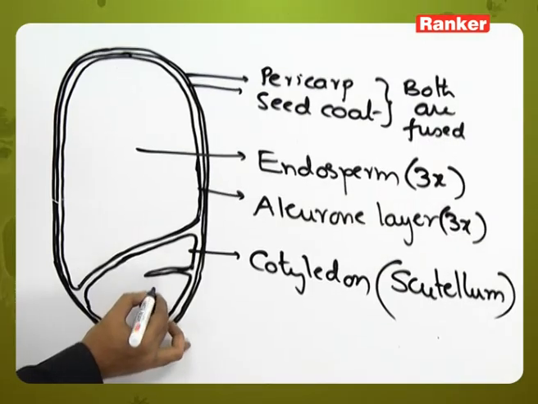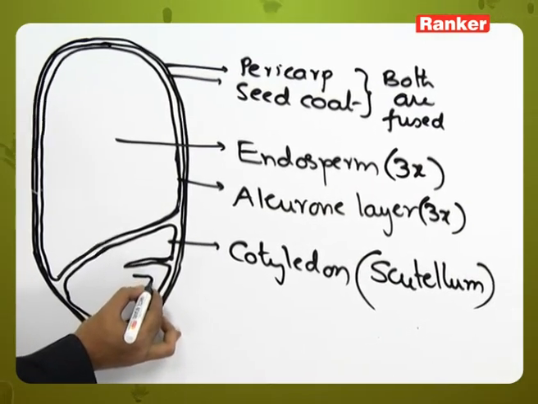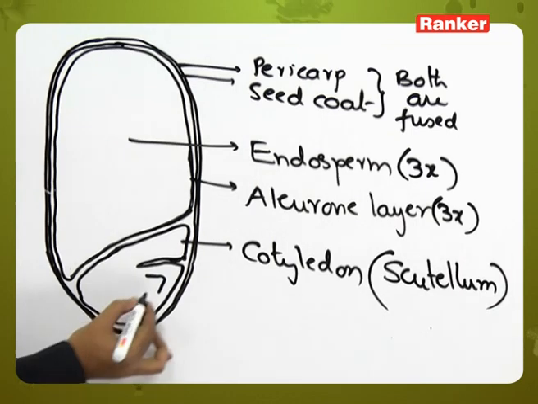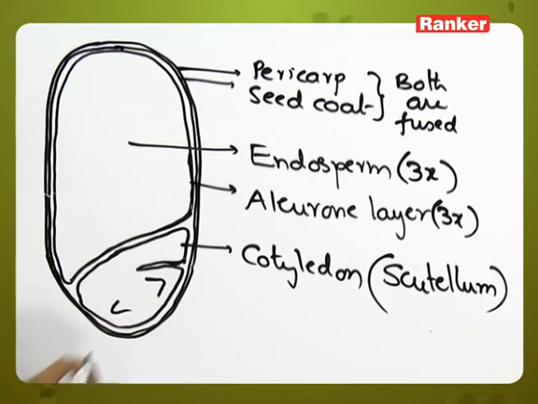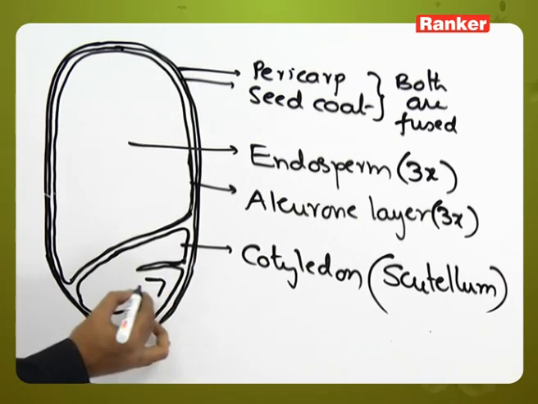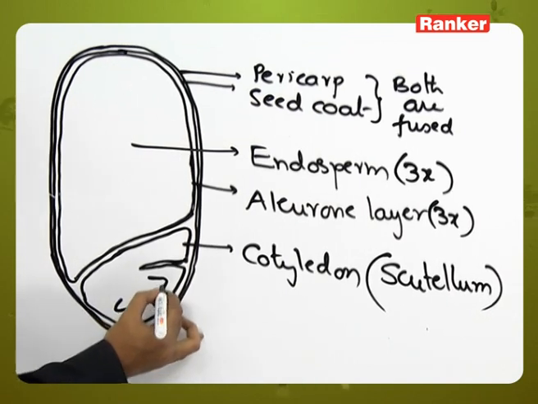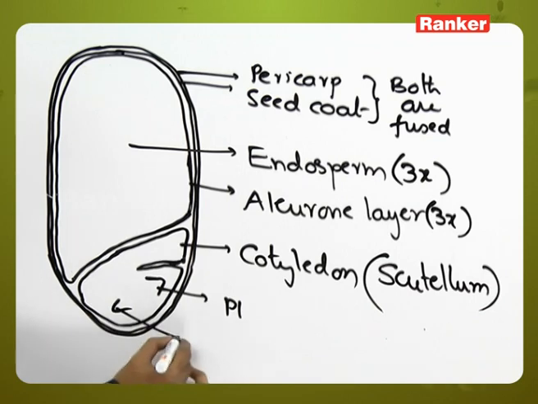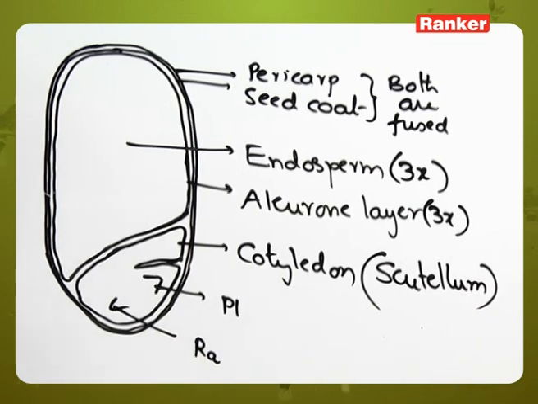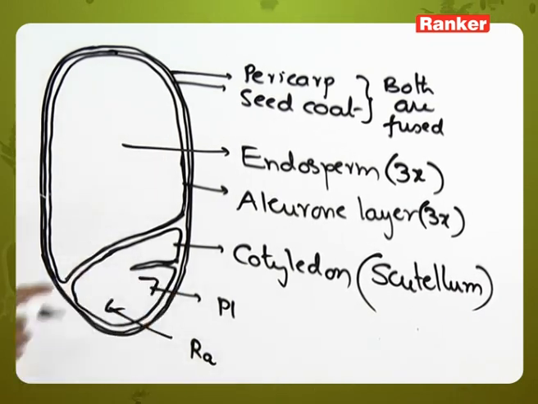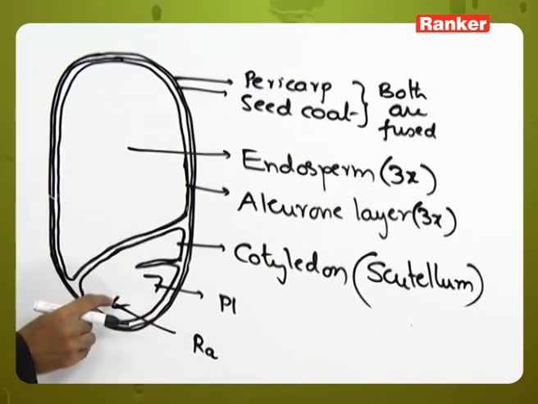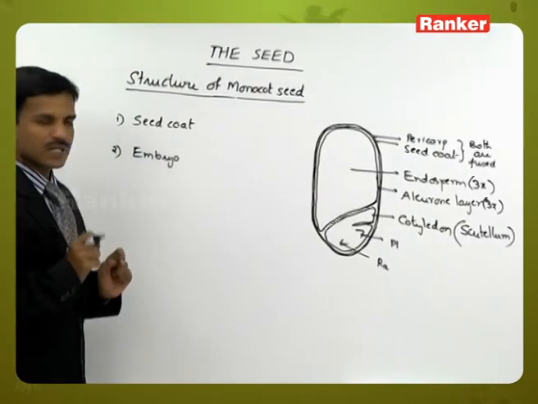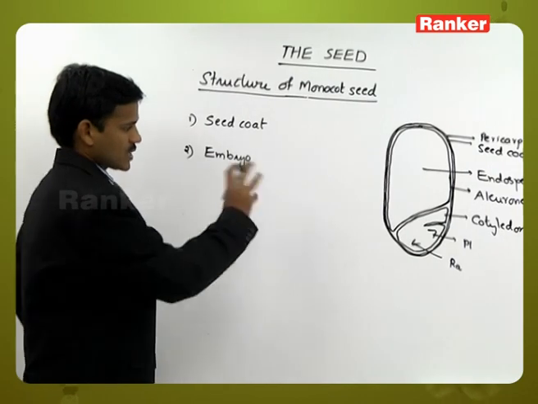And in the embryonal axis, the plumule and radicle are present. The plumule is covered by a sheath-like structure. The radicle is also covered by a sheath-like structure.